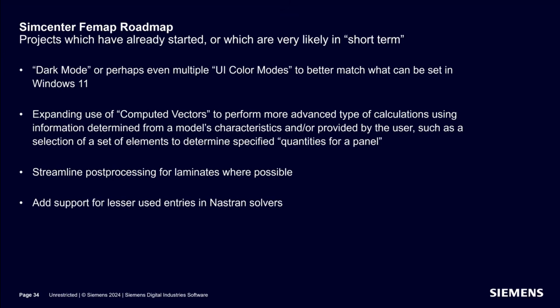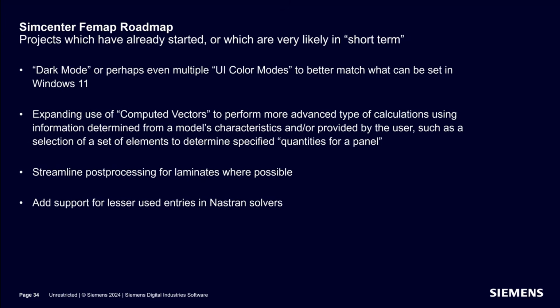But the other half of this is really to perform more advanced types of calculations, whether it's based on the model's characteristics or something provided by the user. Like, hey, show me a bunch of stuff about the quantities on this particular panel. They don't have to have it defined. They can just pick it and it's calculated and spits out something like that.